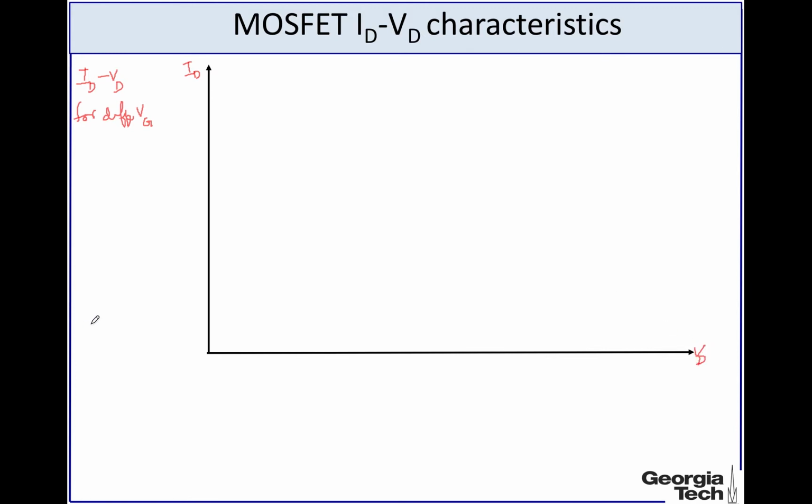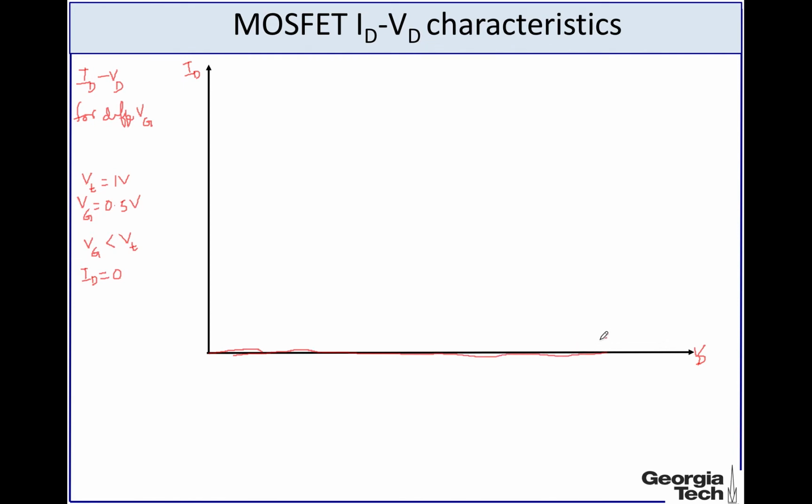Okay, so first let's consider the case when, say, VG equals 0.5 volts and our threshold voltage is, say, 1 volt. Clearly in this case VG is smaller than the threshold voltage, so our ID is 0. So in this case we will get a curve that should be exactly 0 here.